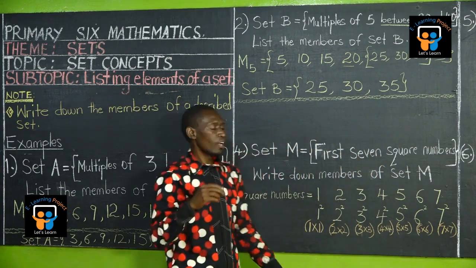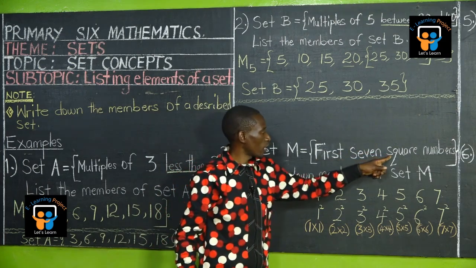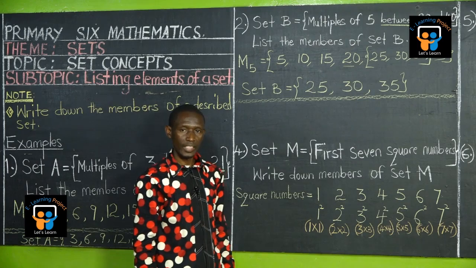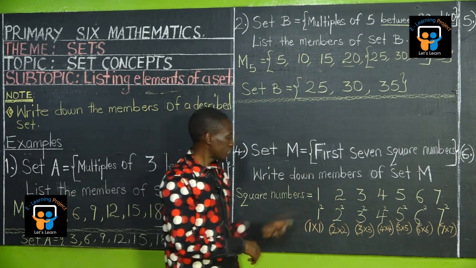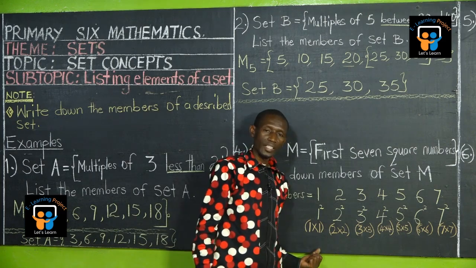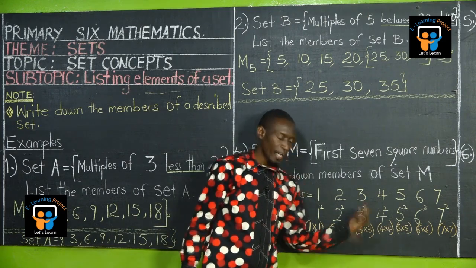Remember, we are looking for square numbers. Now, after squaring the counting numbers, we are going to get the final square numbers.